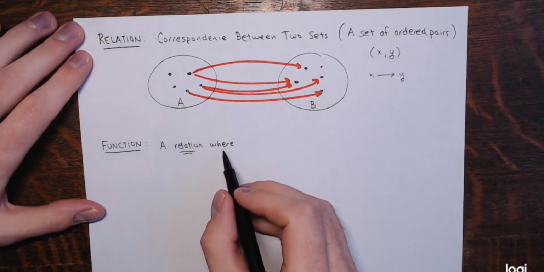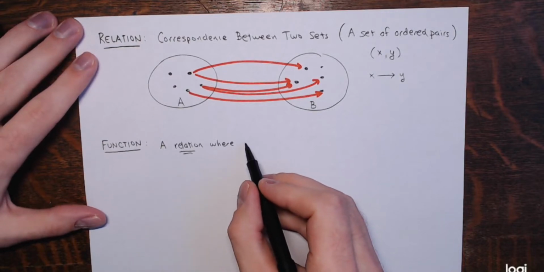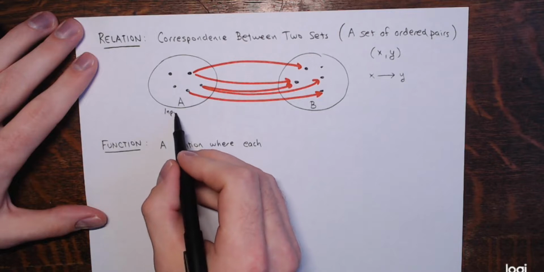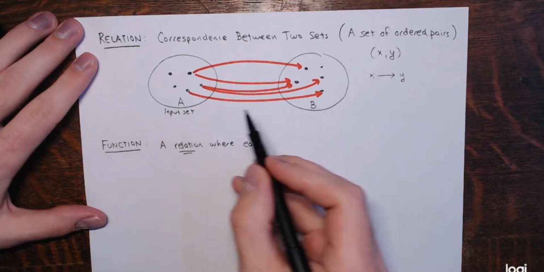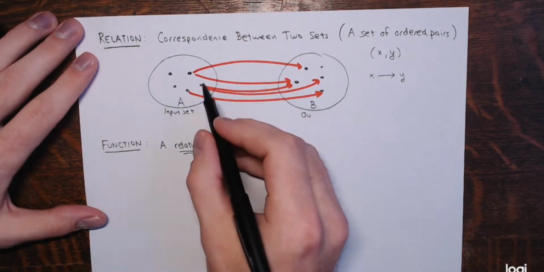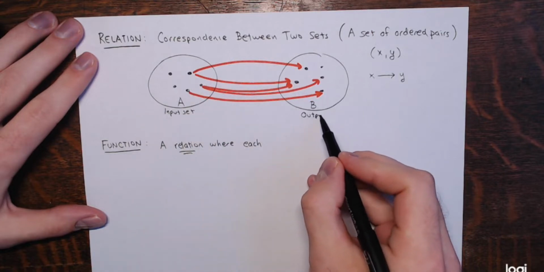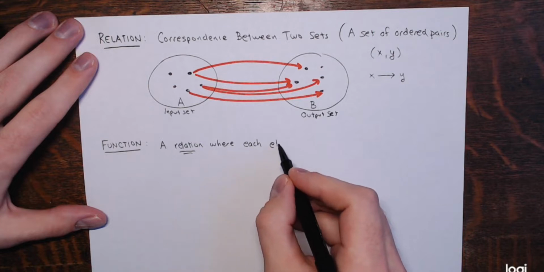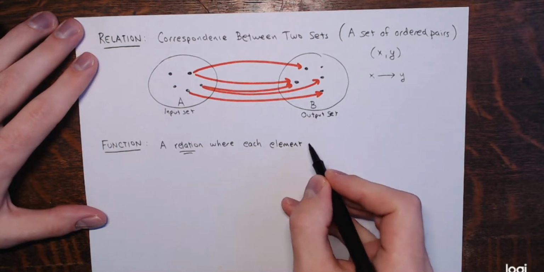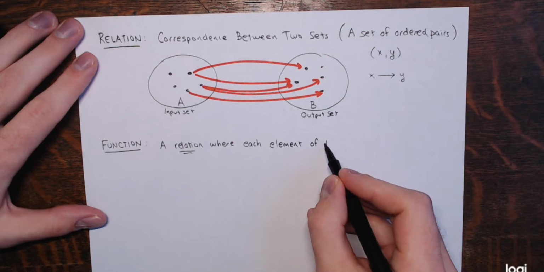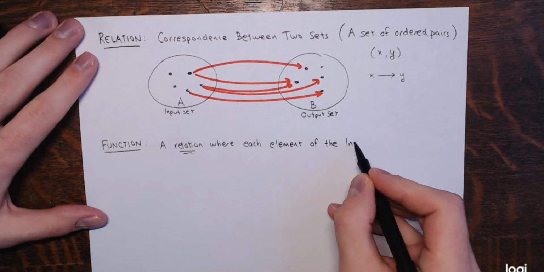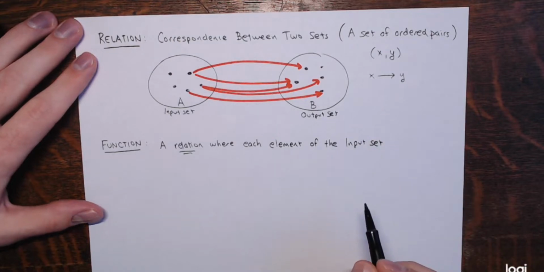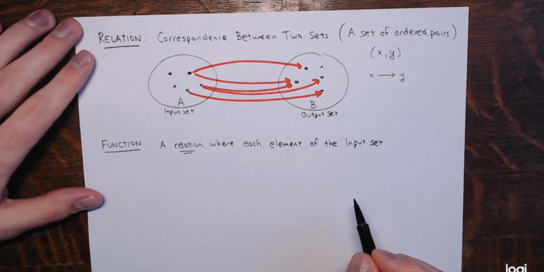It's a relation where each element from the input set, which we'll call this first set here, and then over here the output set where the elements are mapping to, each element of the input set corresponds to exactly one element of the output set.